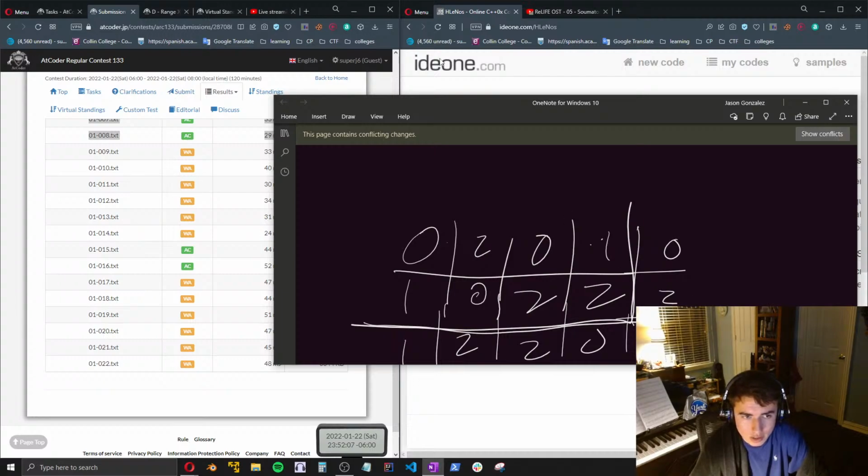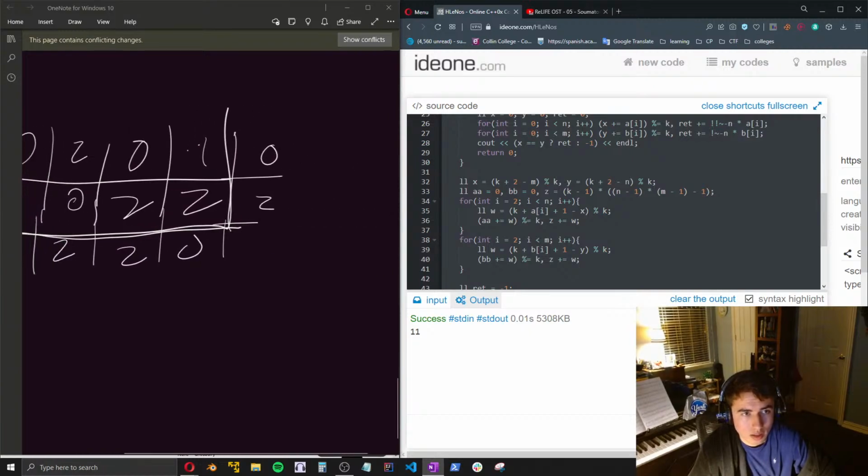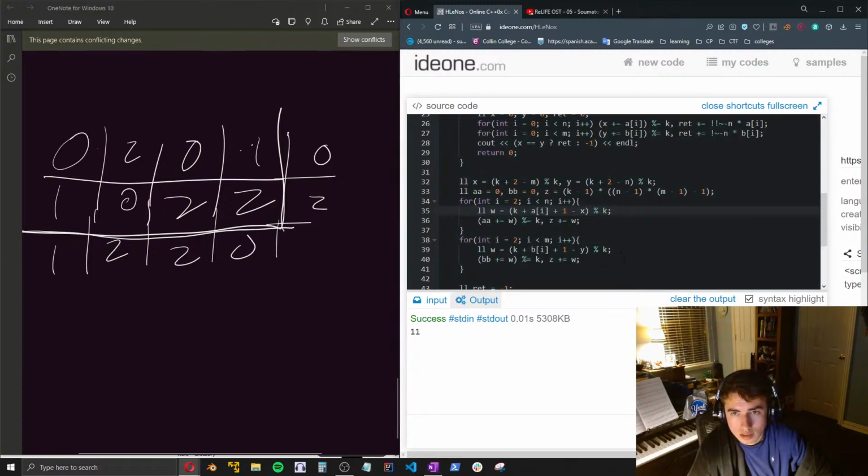Which part is wrong? Is our whole idea wrong, or are we doing the little brute force part wrong? So we have this is equal to... I'm not sure why we do it like this.